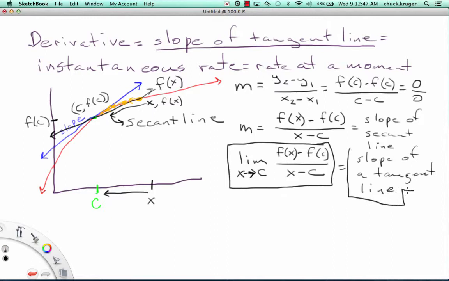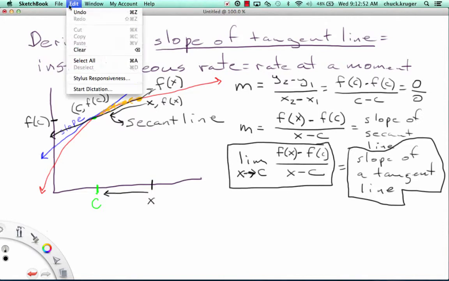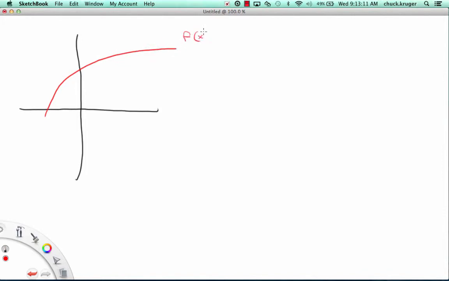Now I'm going to bring up two other definitions right now. Let's again draw my curve. This is f of x. Right here is c.